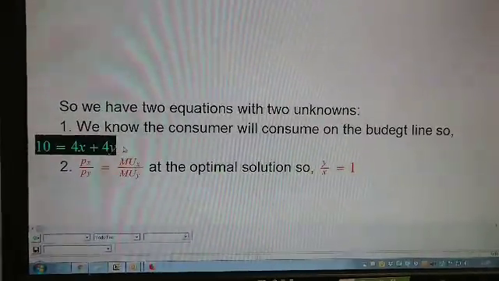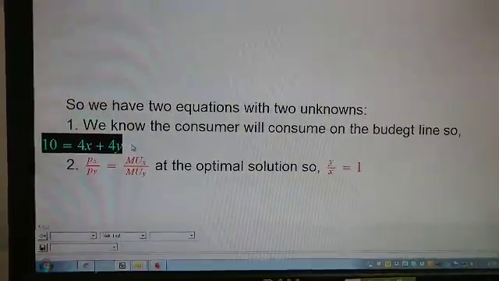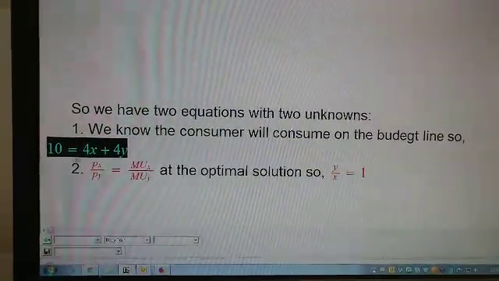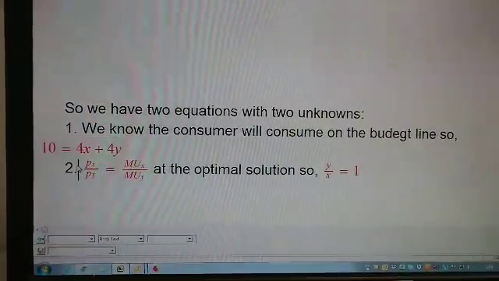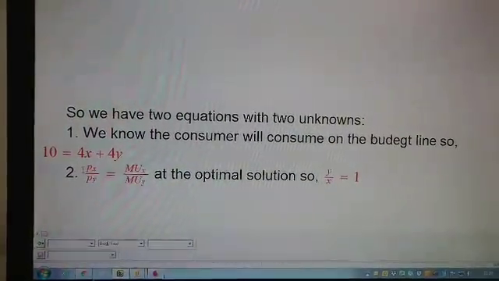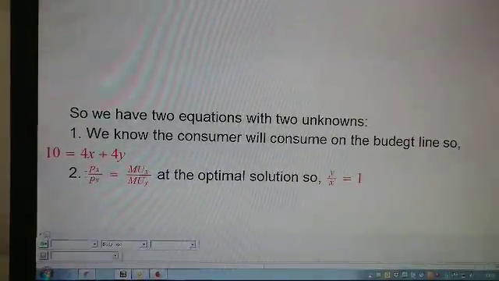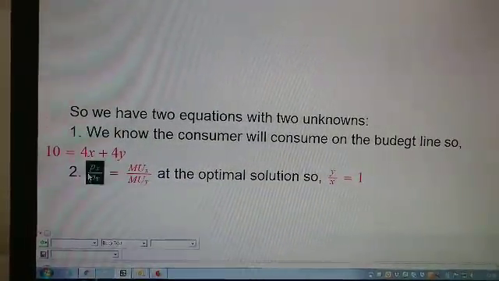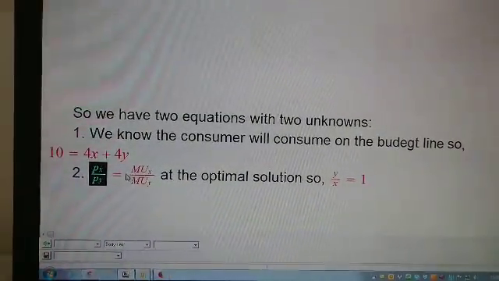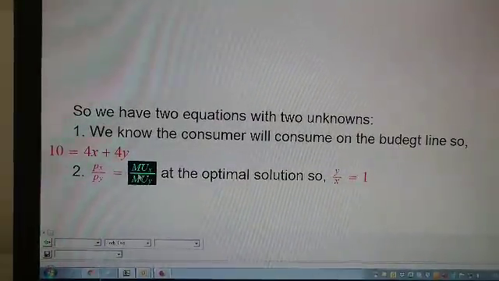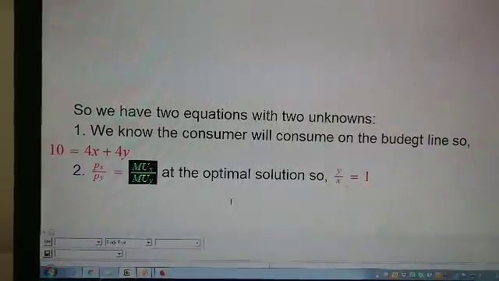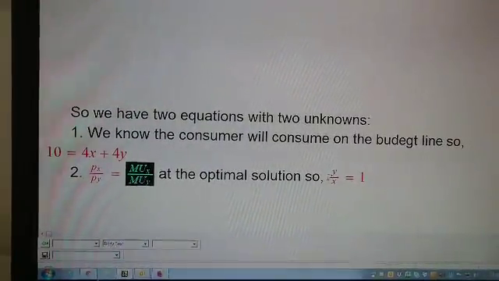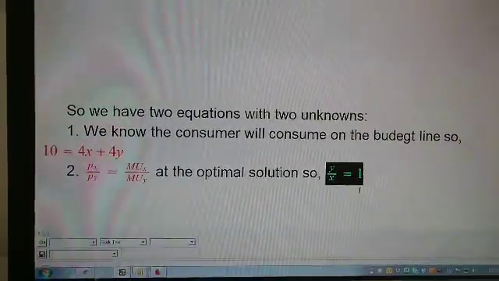Spending all their money means that the solution x and y will satisfy the budget line, which is this equation here. The second equation comes from our optimal condition, which is that the exchange rate in the market, px divided by py, is equal to the exchange rate in the brain or in the preferences, which is MUx divided by MUy. So this gives us the equation over here of y over x is equal to 1.